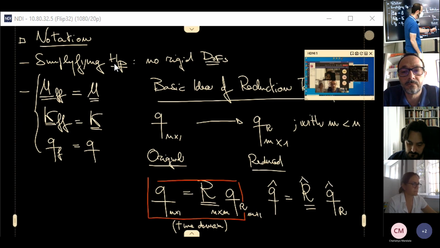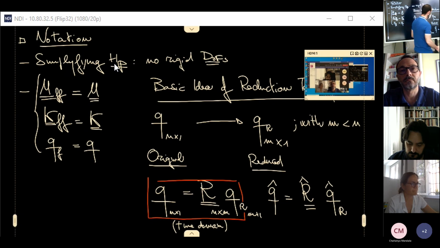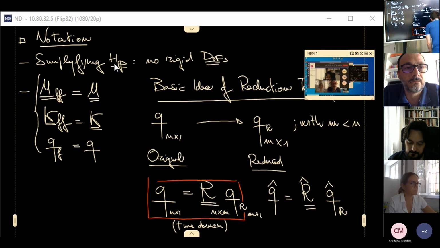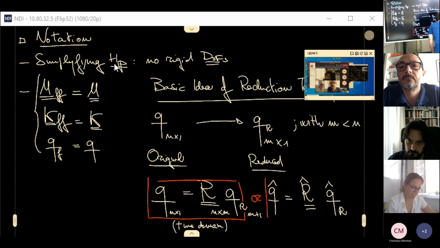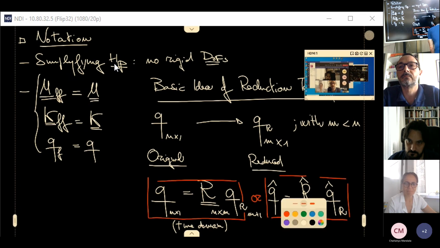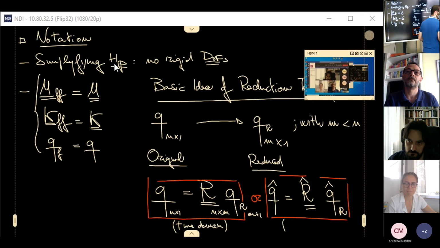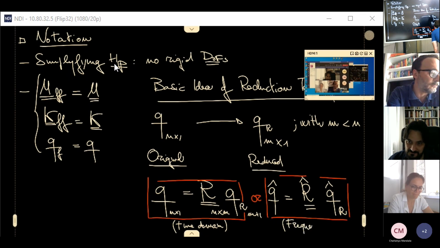So this denotes the Fourier transform of the time counterpart. So it is in the frequency domain. So it's a very easy transformation, at least the one that we are going to explore. So frequency domain.